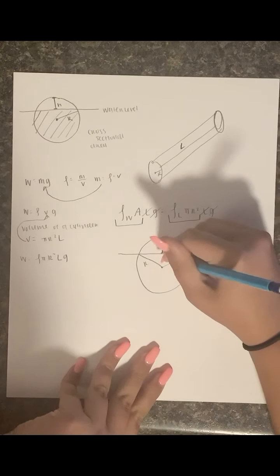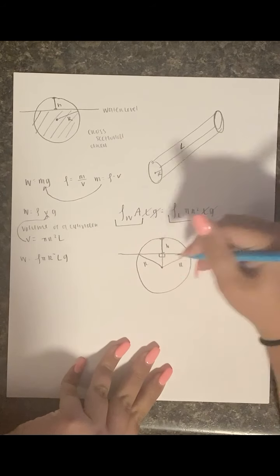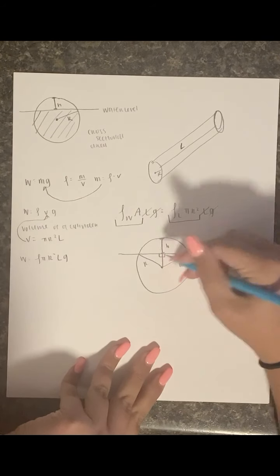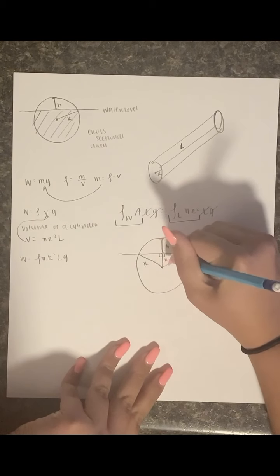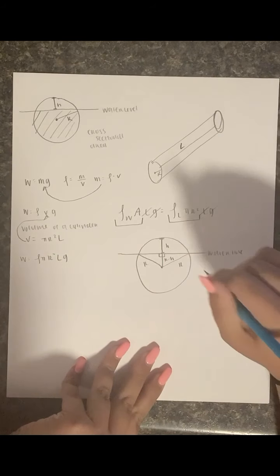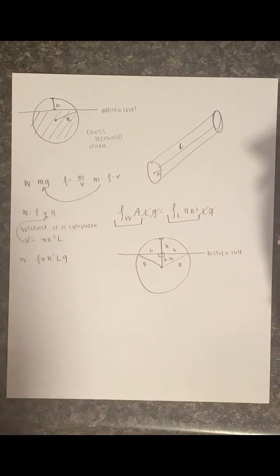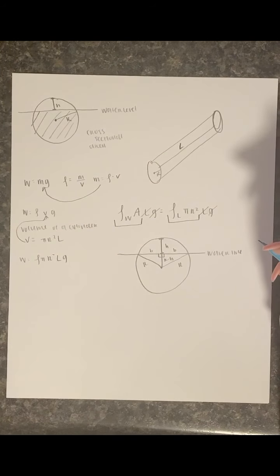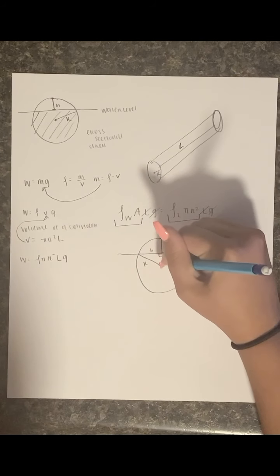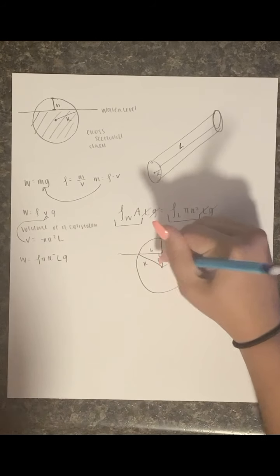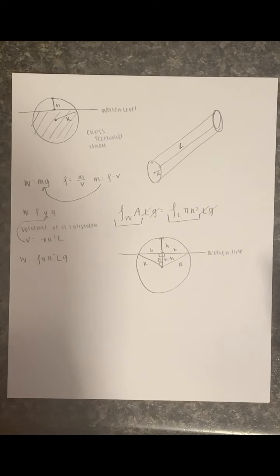But now, since this forms two right triangles, we're going to call this height that's between it r minus h. And now you have these right triangles, the bases of them, we're just going to call them B for now. And then this inner angle here, technically on both, is considered theta.